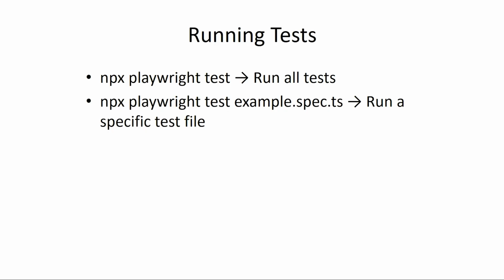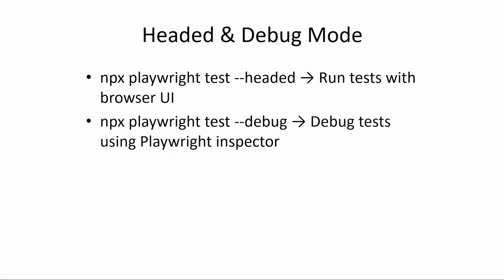But if you want to run a specific test file, suppose you want to run only a login test case, you need to enter the command npx playwright test. tests is a folder, and inside this folder we have one file which is example.spec.ts. So if you enter this command in a terminal, only the specific test case inside this file will be executed.